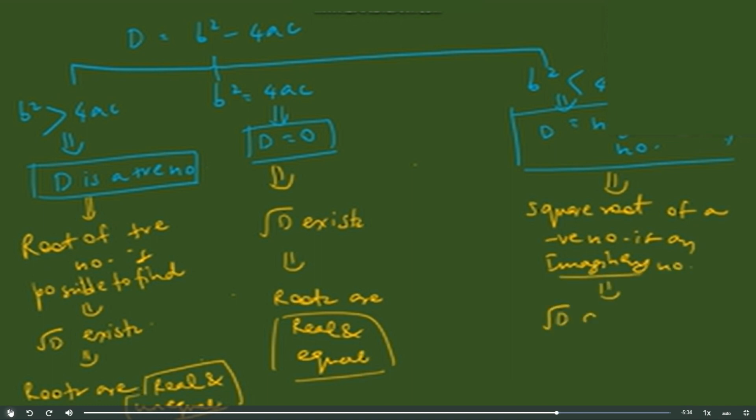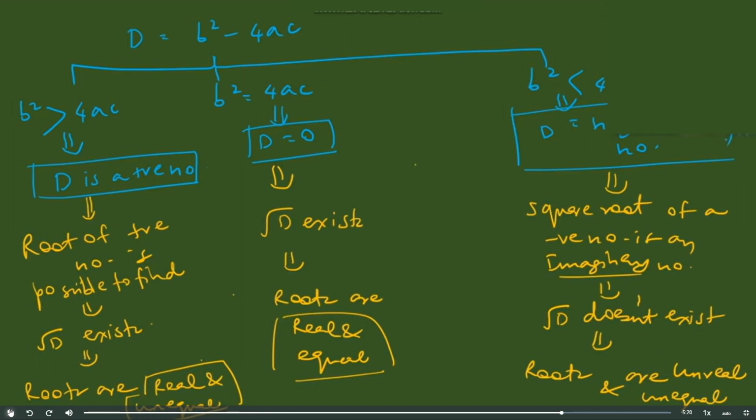Root d doesn't exist. Roots are unreal and unequal. So copy down this table. It's very important, this chart.